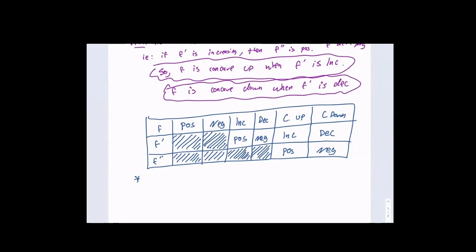So, as such, just as a reminder, f has a relative min at x equals a if f prime changes from negative to positive.